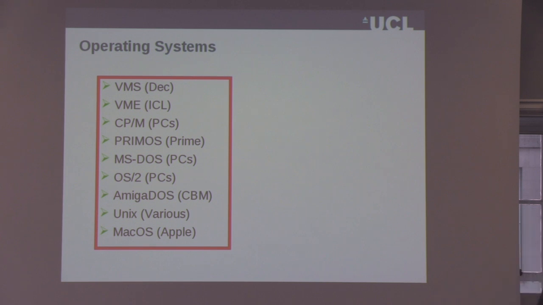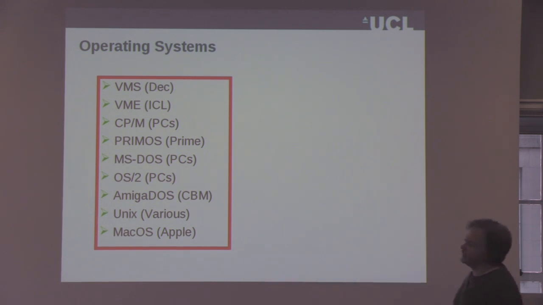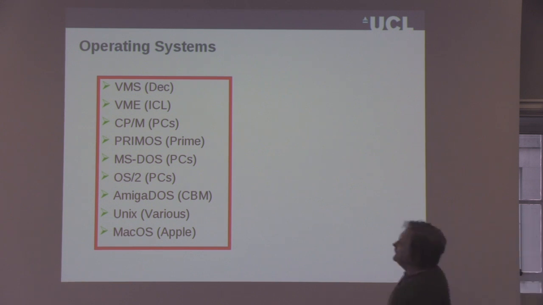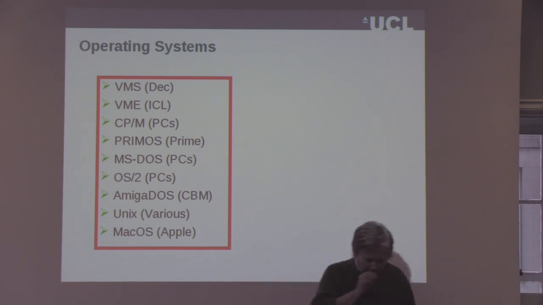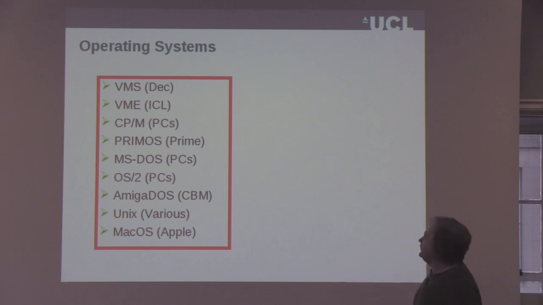Now, there used to be lots and lots of different operating systems. The one that I used during my PhD was VMS, which we ran on these DEC VAX computers. Our University Central computer was an ICL 2988, which ran VME. They've got one of those at the Computing Museum.